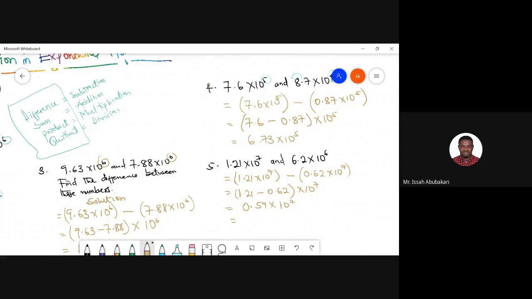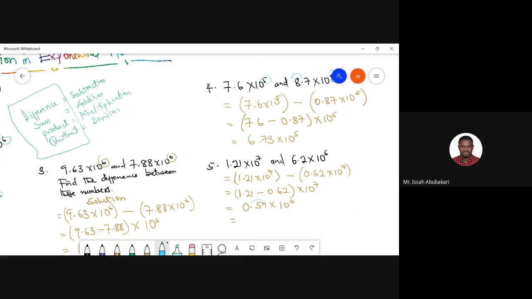And our final answer should be equal to, because we cannot leave our answer like this, this answer is less than 1. And we are saying that any number less than 1 is not considered as exponential notation. So let's convert this one. Now, when we move the point to the left, it becomes positive. In this case, you're going to move the point from left to the right. You're going to move it from here to this side, okay?